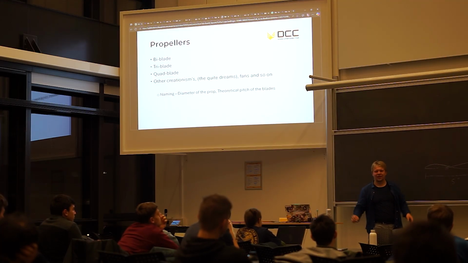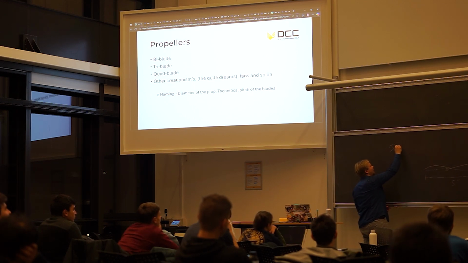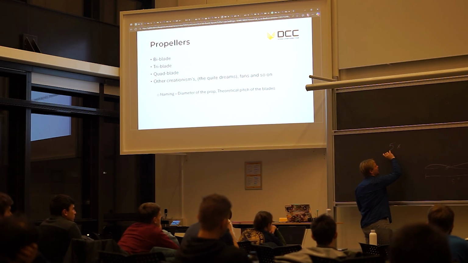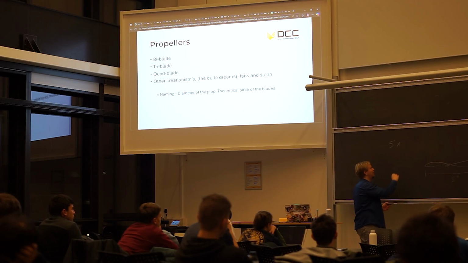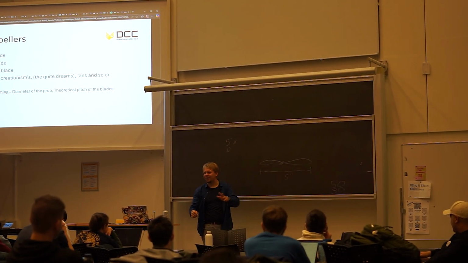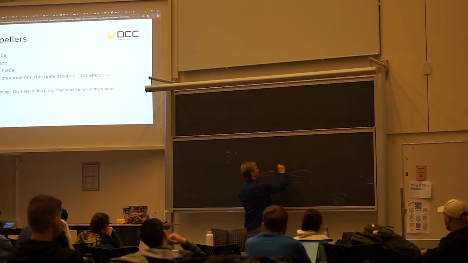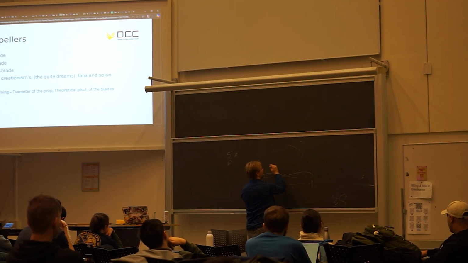Okay, this is why I like HQ props. This is a company that makes props. They set out a very simple naming convention. So you have 5 for the diameter. Then you have, let's say you do 1 rotation. Boom, no, that's 2 rotations.